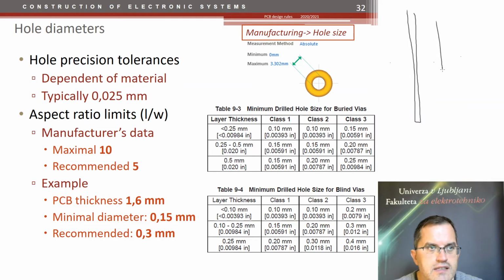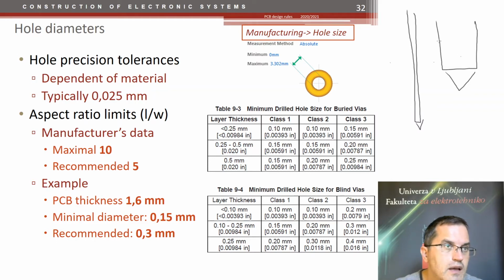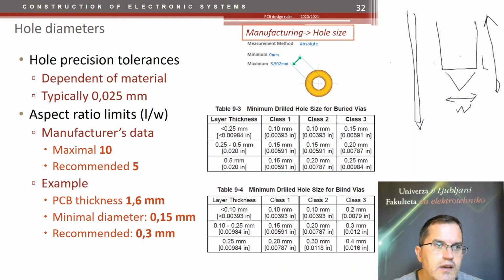So the tool has its limit, and the ratio between length and width is limited. So L over W cannot be an arbitrarily high number.